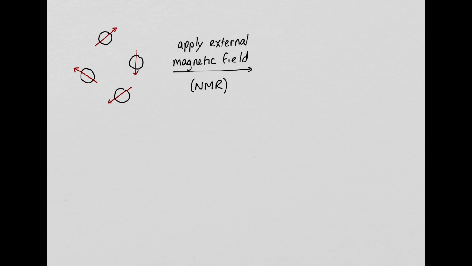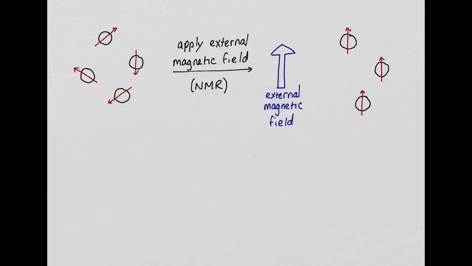So, for example, if we apply an external magnetic field pointing in a specific direction, all of our little spinning nuclei, our little weak magnets, will align with that external magnetic field. Most of the little magnets will align with the field, but occasionally some will align opposite the field.